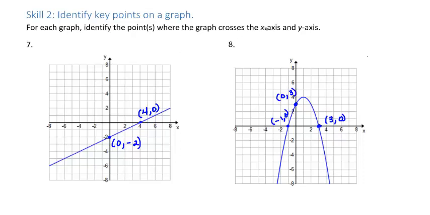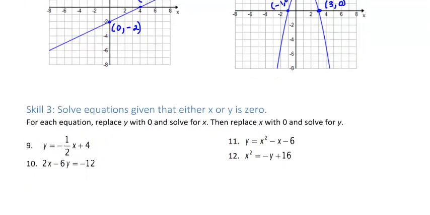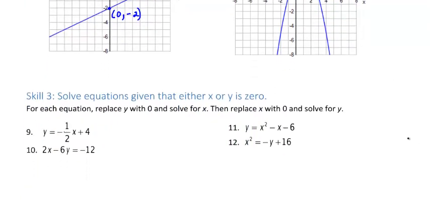Keep in mind where it crosses the x-axis is always going to be some number and then 0, and the y-axis will be 0, some number. And lastly, this is preparing you for when you actually have to algebraically find the intercepts.